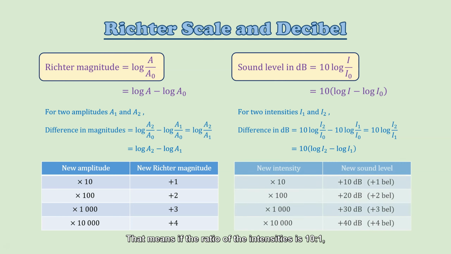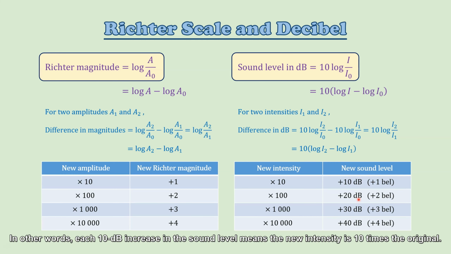That means if the ratio of the intensities is 10 to 1, then the difference in bel is just 1, and the difference in dB is 10. If the ratio of the intensities is 100 to 1, then the difference in bel is 2, and the difference in dB is 20, and so on and so forth. In other words, each 10 dB increase in the sound level means the new intensity is 10 times the original.